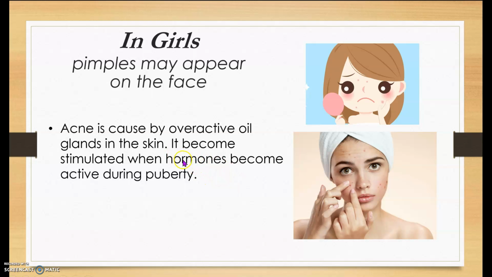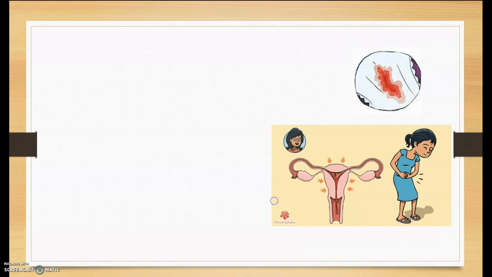During puberty, our ovaries produce hormones and become stimulated and active. And we also know that acne is also genetic. So if other people in our family have more pimples during their puberty, we will also get pimples. It's possible. Next.